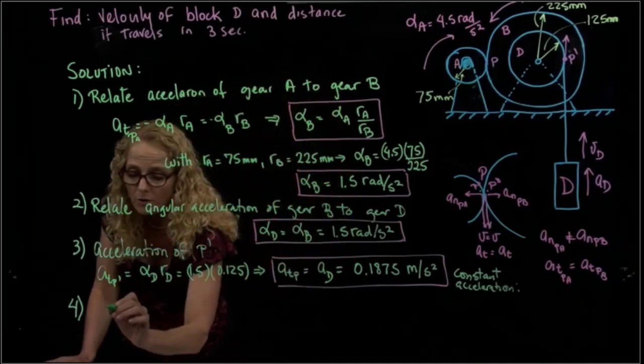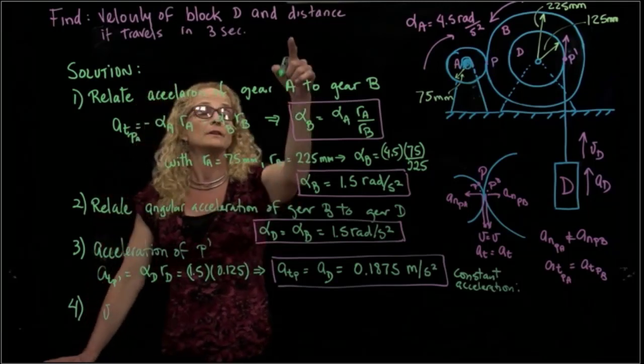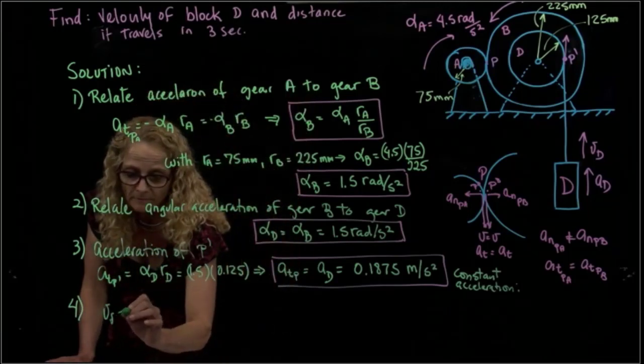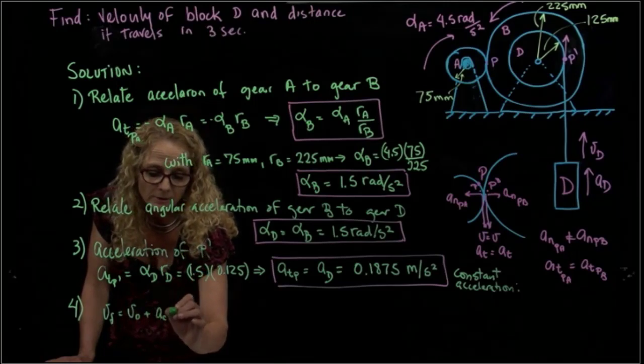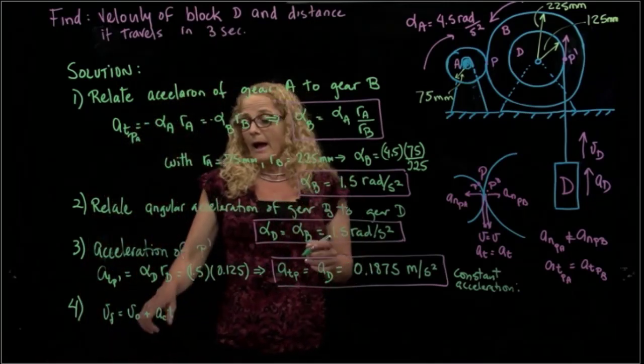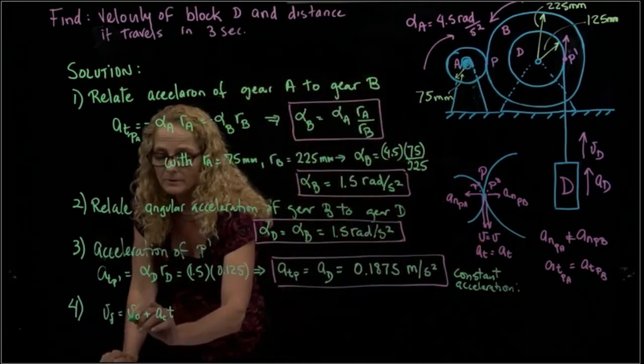So we know that the final velocity after 3 seconds, right, will be the initial velocity plus acceleration times time. And since that block started from rest, this is 0.